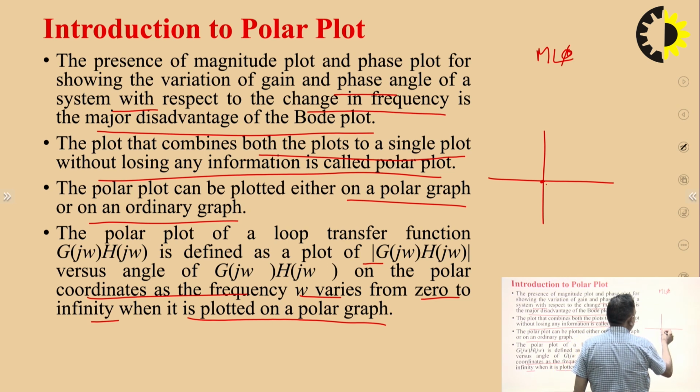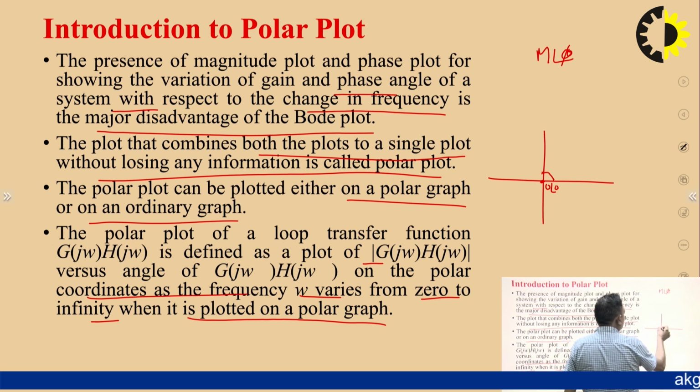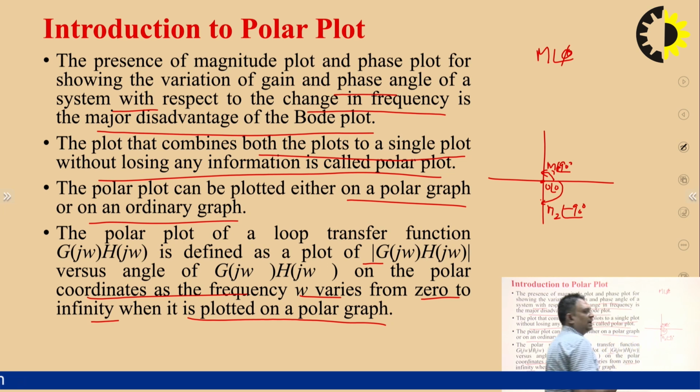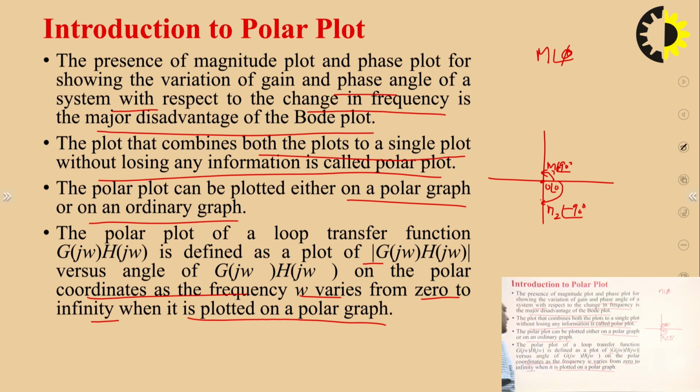Here at this point, 0 angle 0, and we are moving from here to here. At this point the magnitude will be some value and the phase angle will become plus 90 if we are moving in this direction. If we are moving in this direction, this is the magnitude, say this one was M1, this is M2, and the angle is minus 90 degrees, and so on.